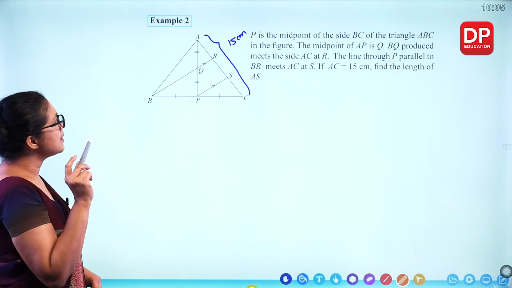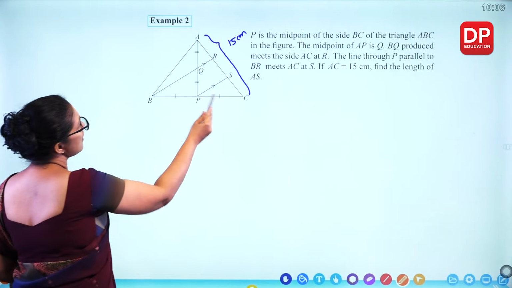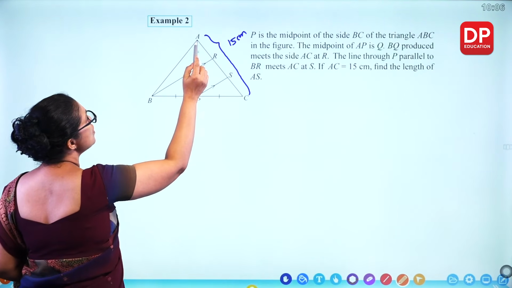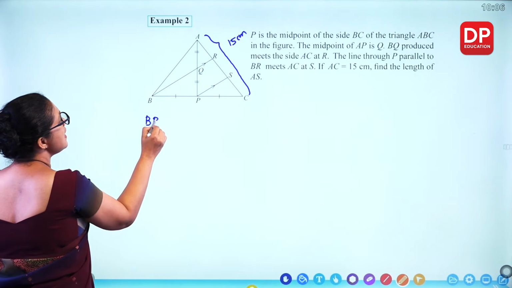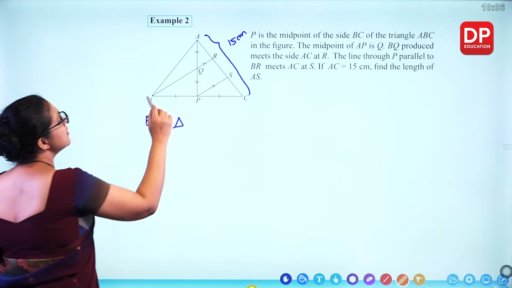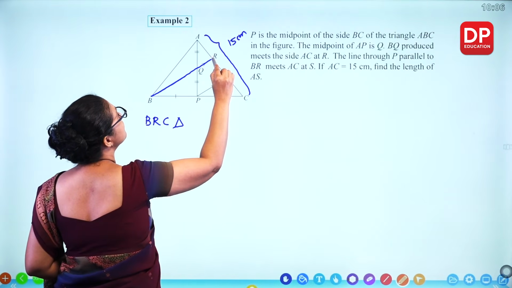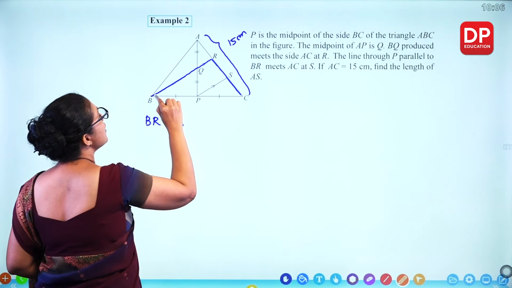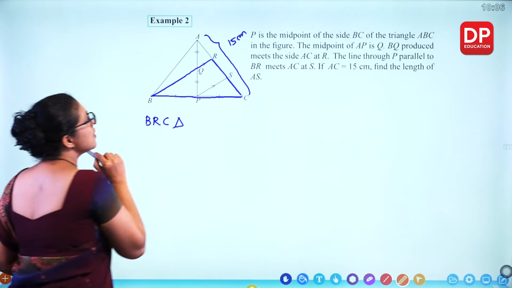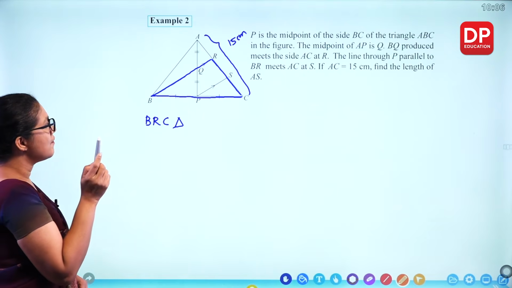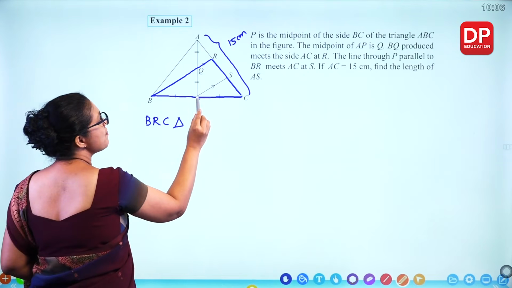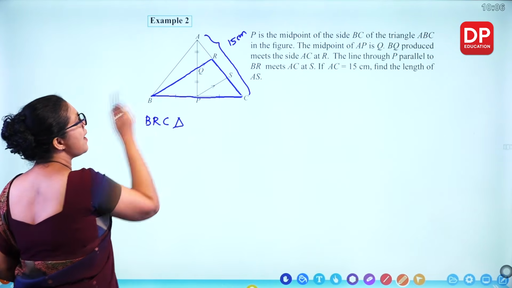Now we'll look at triangle BRC. What can you say about RS and SC? According to the converse theorem, BP is PC and these two lines are parallel.